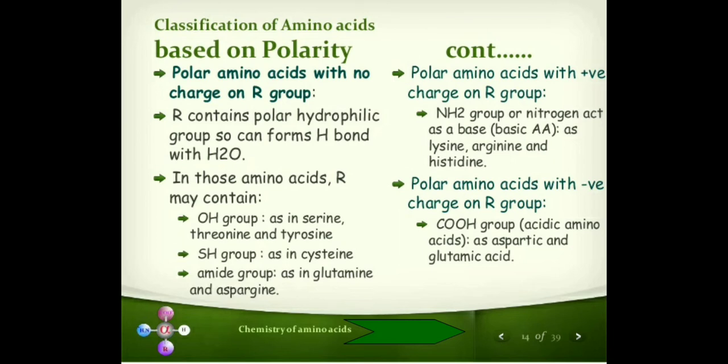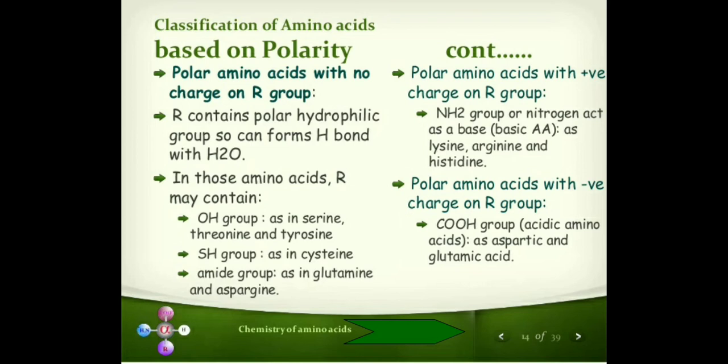Such amino acids have some hydrophilic groups attached to the hydrocarbon chain, so that these hydrophilic groups can make hydrogen bonds with water, and these groups are, for example, hydroxyl groups. The amino acids that contain hydroxyl groups are serine, threonine, and tyrosine, as I told you before. Then some amino acids, for example cysteine and methionine, contain a sulfur group and are also called sulfur-containing amino acids.